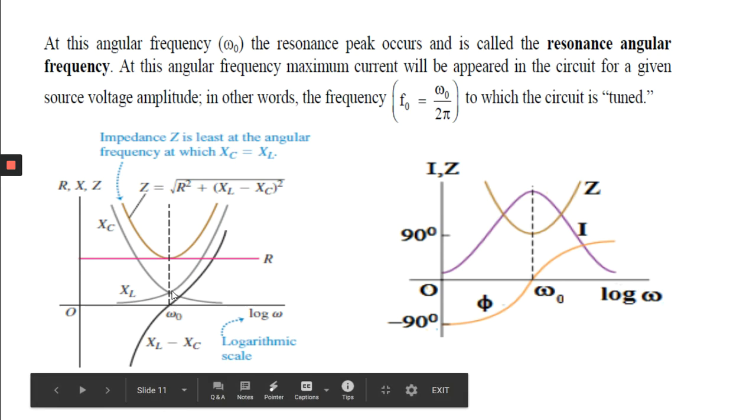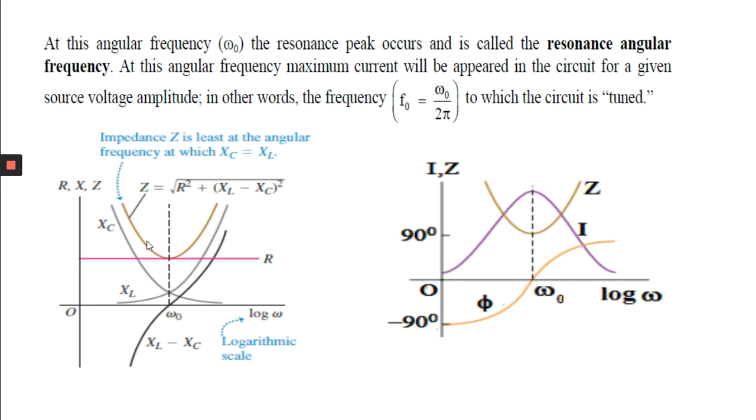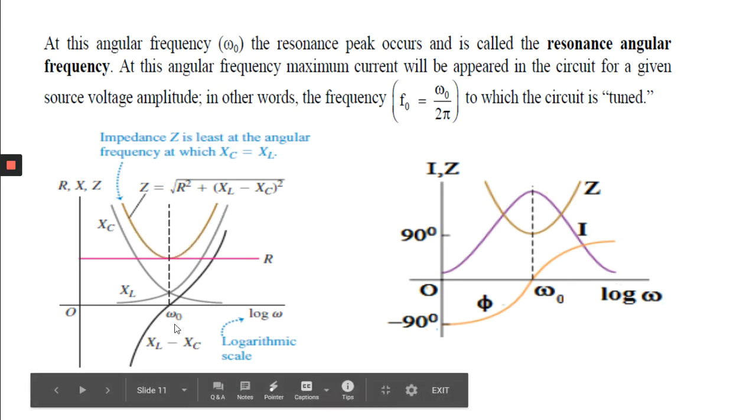So what does it mean when XC equals XL? Then your omega is equal to omega 0, that means your resonant frequency. Now this is the graph for Z. So when XL equals XC, your Z is minimum. What is the minimum value of Z?